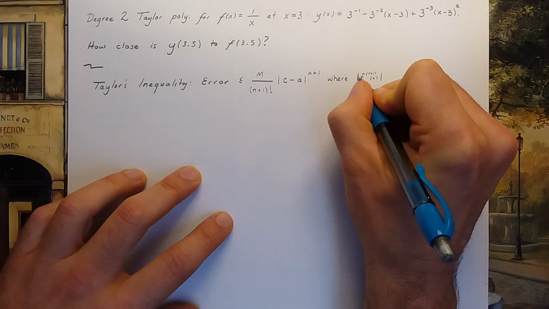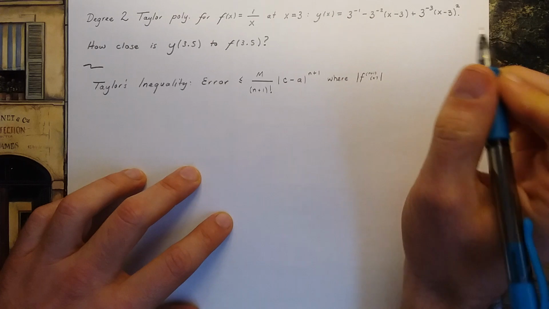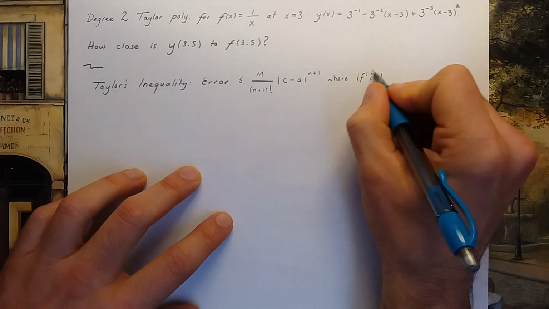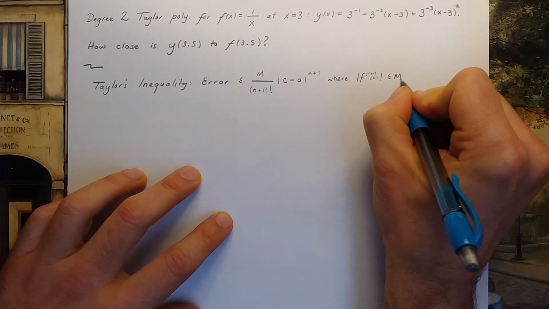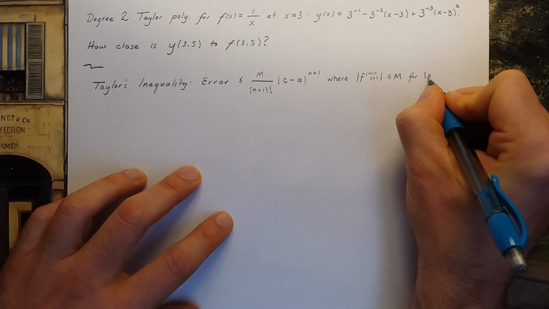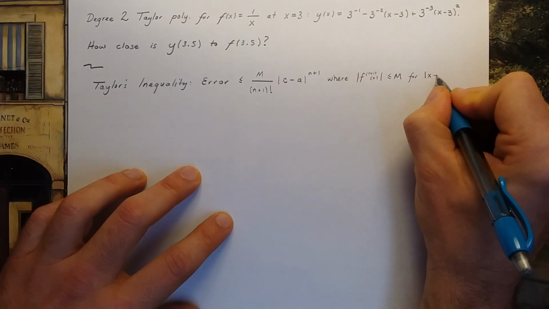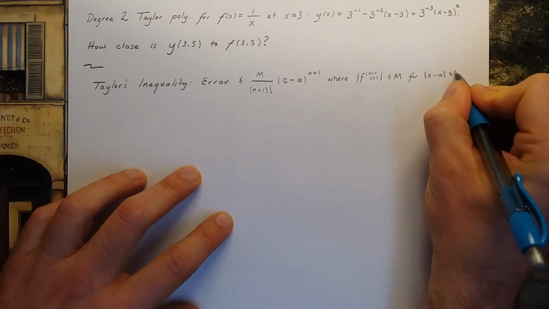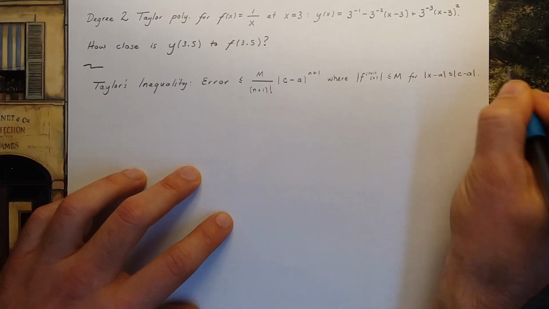If I take n plus 1 derivatives of my function and then find the absolute value, M has always got to be bigger than that, and that's true for values of x that satisfy the absolute value of x minus a being less than or equal to c minus a.